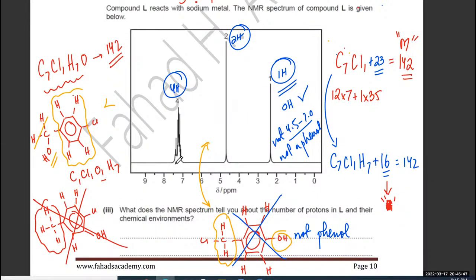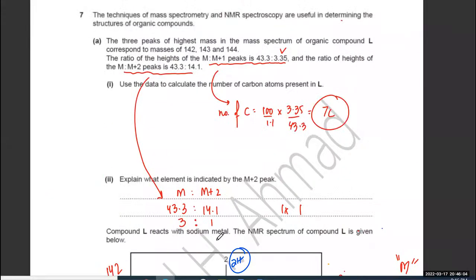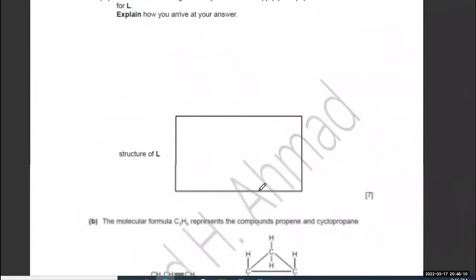The chemical shift at 7 represents 4 hydrogens in the benzene ring, right? And the chemical shift at this 2H, this is the CH2, so it represents a CH2. So you combine them together, you give the structure. The 7 marks are for the total thing. So I think this last part would probably be for 3 or 4 marks. So make sure you quote those values and then you describe what the structure is.